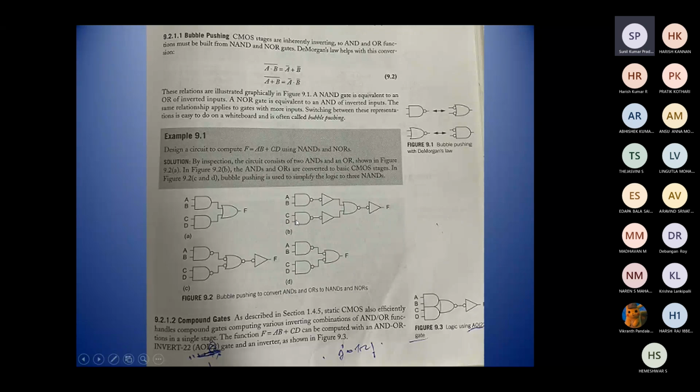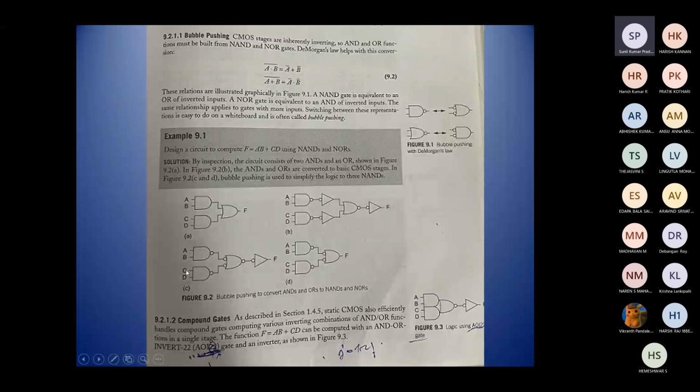Similarly, the other two inputs C and D are given to another NAND gate, and the output of this NAND gate is given to a NOT gate. Whatever outputs we get from this inverter and this inverter, we give to the NOR gate. After the NOR gate, we give another inverter, and finally we get the output. This output is the same as the one we got here.